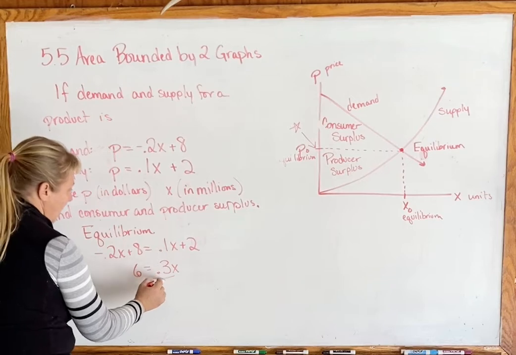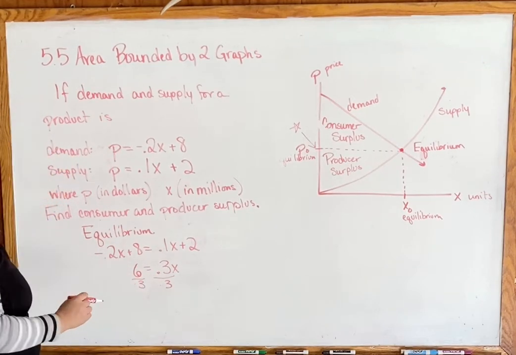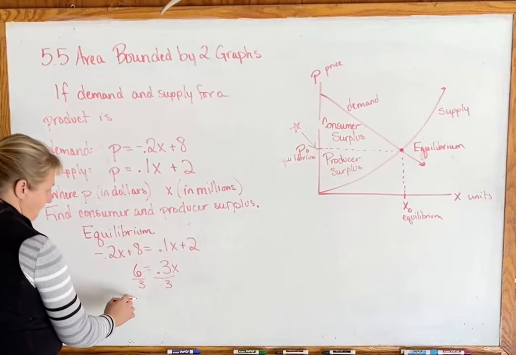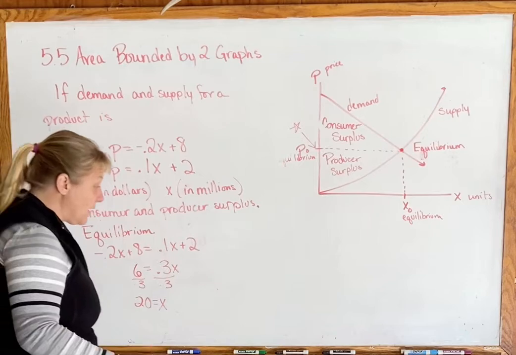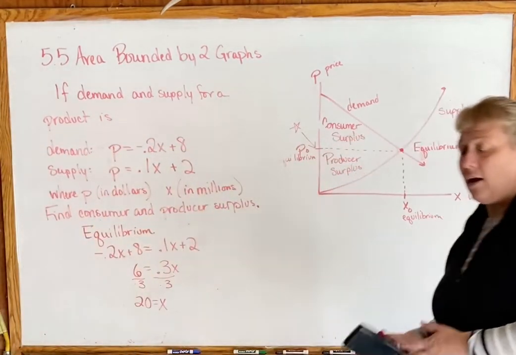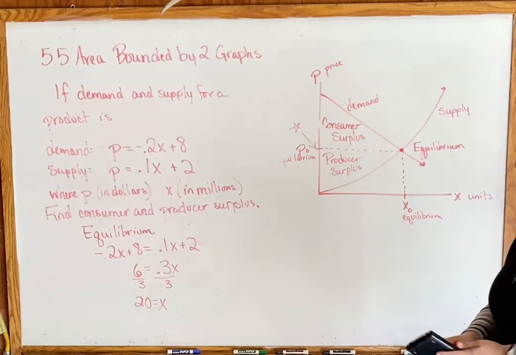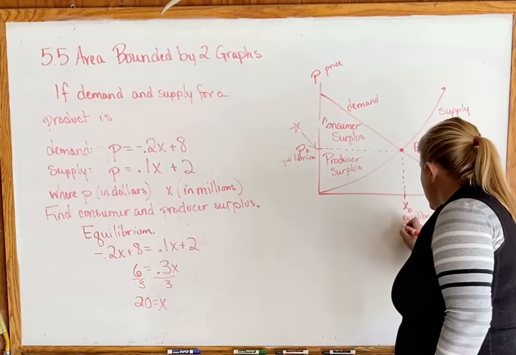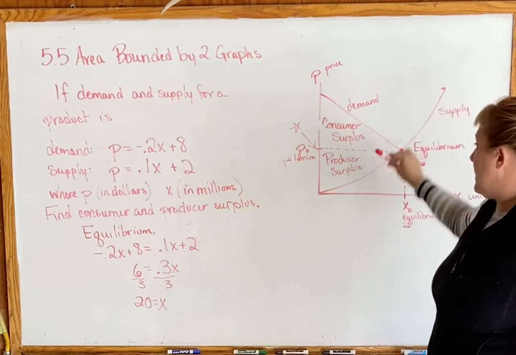So when we divide by 0.3, we're going to get 20. Okay. And if you don't trust me, you can always calculate it out, right? 6 divided by 0.3, yep, 20.